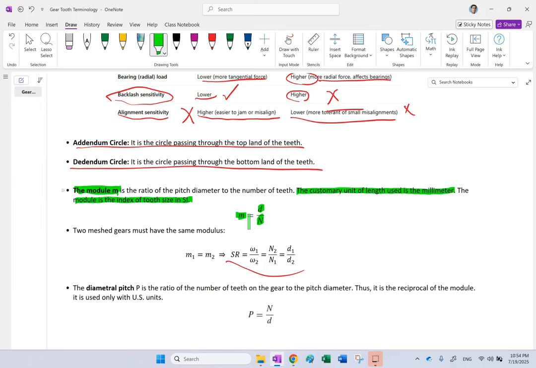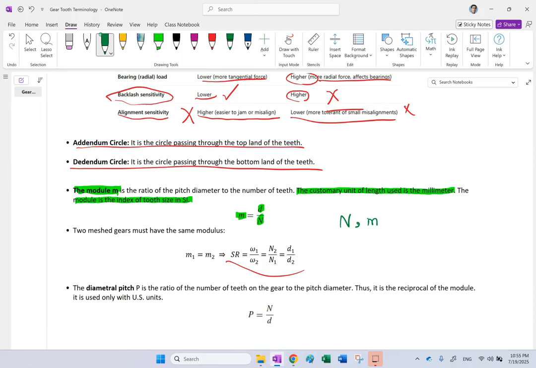So basically, when you want to pick a gear, you have to provide two pieces of information at bare minimum. The first one is the number of teeth. You have to say, hey, I want a gear with 48 teeth. The second one that you need to provide is the gear modulus. So I want a gear modulus of 4 mm per tooth.